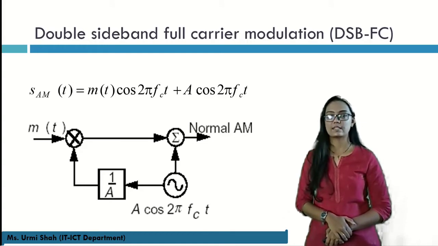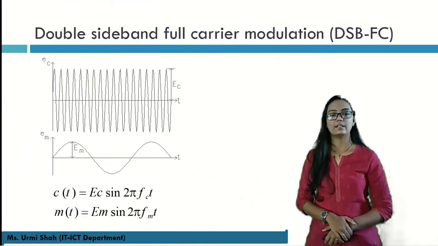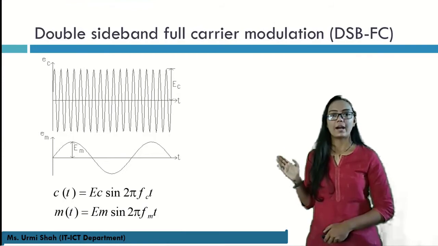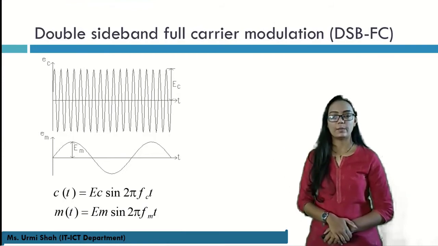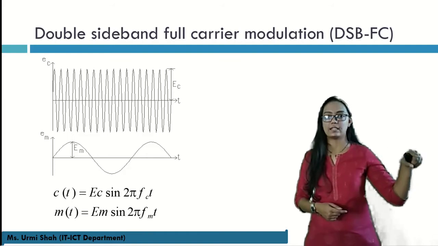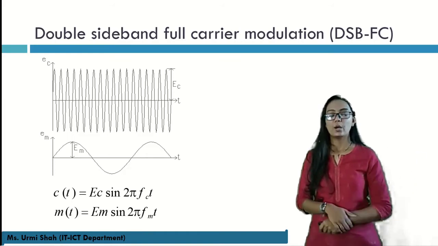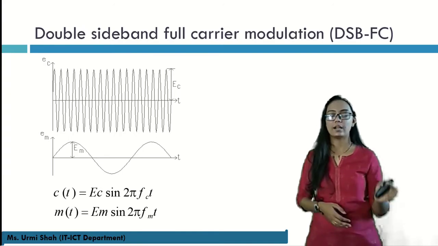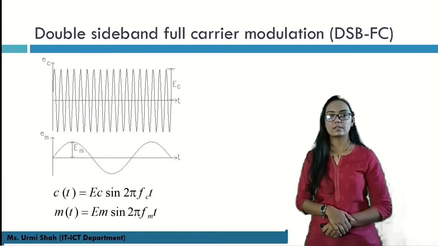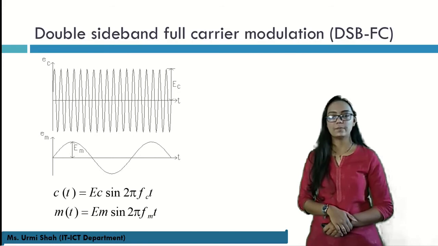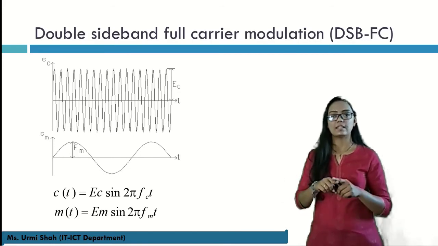Now you can imagine this clearly by seeing the waveform, where m of t is our message signal. If you want to transmit this message signal from one end to another, the carrier signal is going to carry it, so you multiply the message signal with a carrier signal.